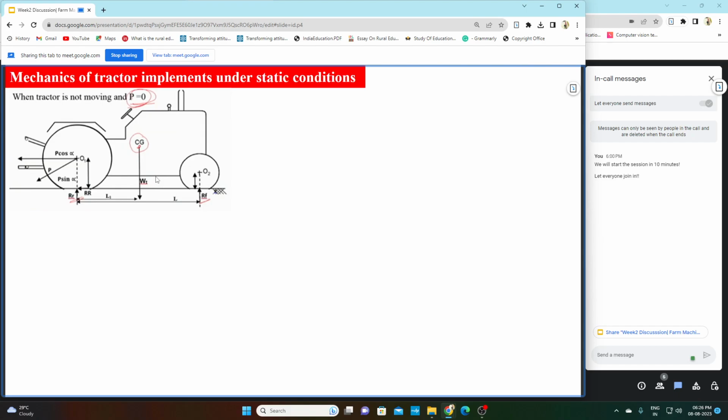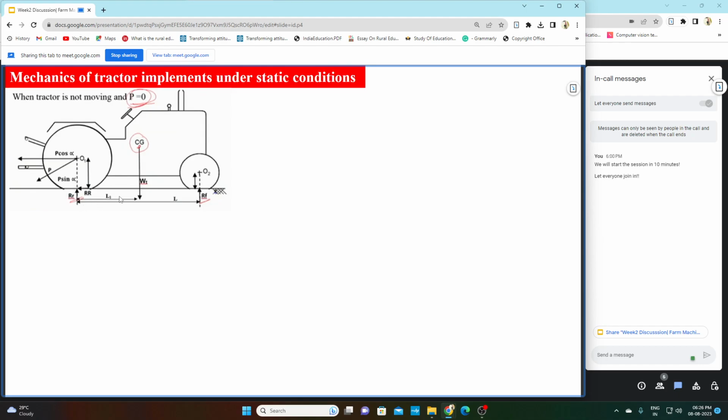So when the tractor is in static condition on the ground, it receives two reactions: RF, the reaction at the front wheel, and RR, the reaction at the rear wheel.